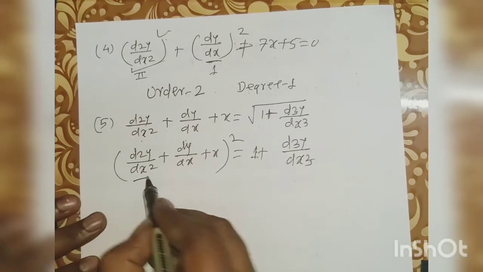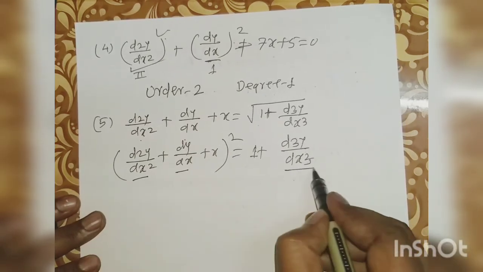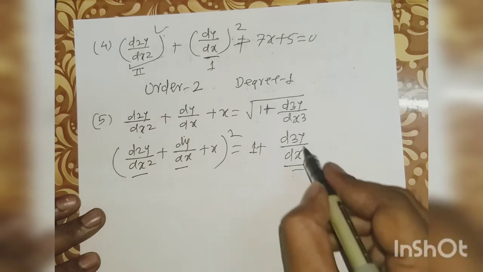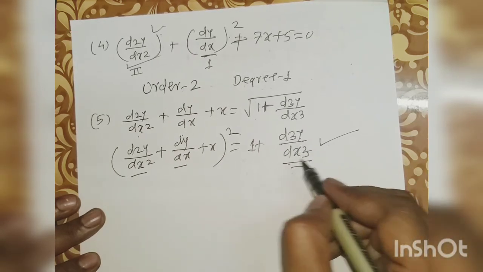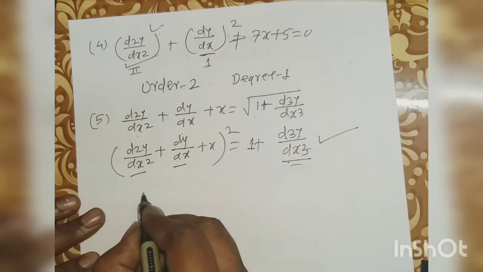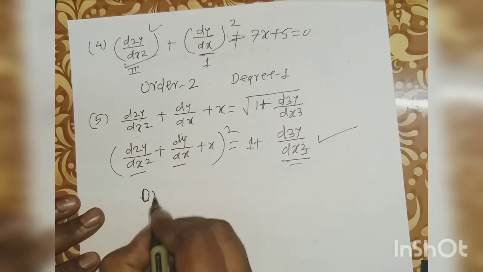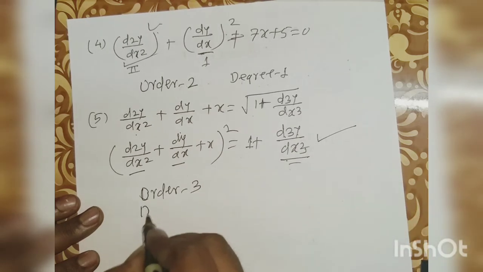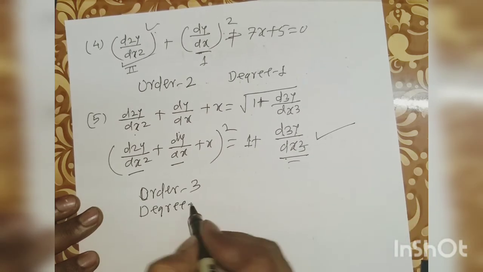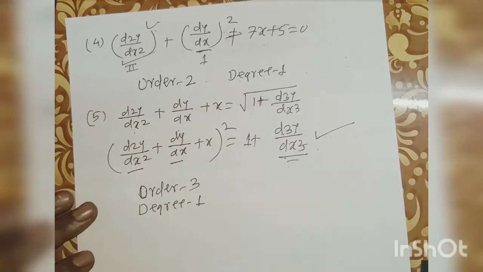Now here second order derivative, first order derivative, third order derivative. That means the highest order derivative term is d3y by dx cube. Therefore order is 3 and its indices, that is degree indices is 1, degree is 1.